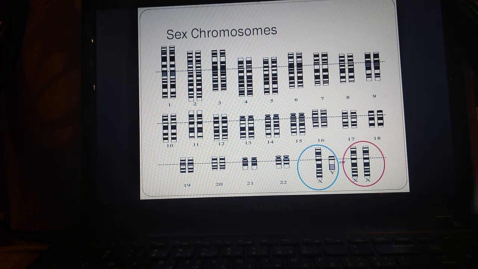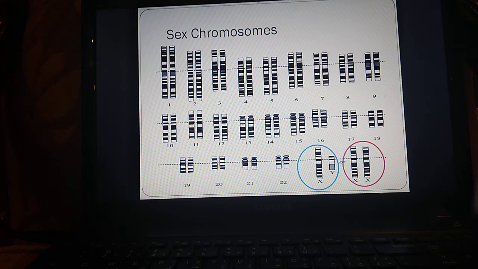This is what we call the sex chromosomes. In all females, these chromosomes are big, they're large, both chromosomes. But in males, one chromosome is big and the other one is shorter, smaller. So scientists decided to give them names.